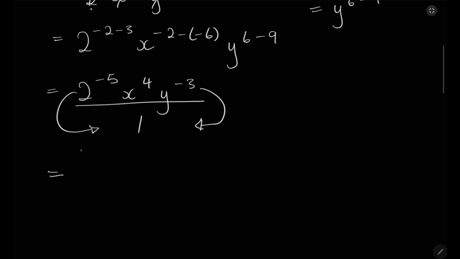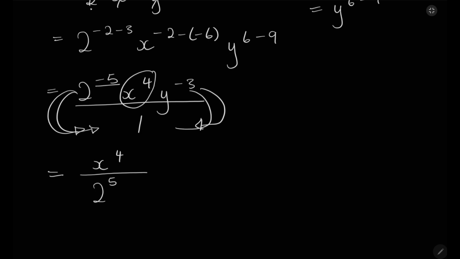Okay, what do we have now? In the numerator, we only have this part as it's positive, so we leave it as it is. Then 2 to the power 5. It was negative, it should be positive. Then y to the power negative 3 goes to the denominator, and we'll have y to the power 3, or y cubed.